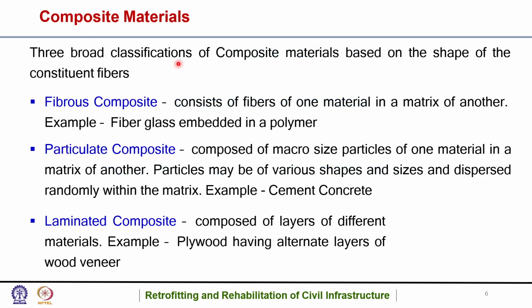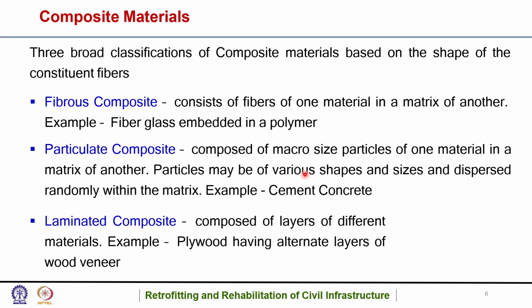So, three broad classifications of composite materials are there based on the shape of the constituent fibers. They are fibrous composite, particulate composite, and laminated composite. Fibrous composite consists of fibers of one material in a matrix of another, for example, fiberglass embedded in a polymer. The second is the particulate composite, composed of macro-sized particles of one material in a matrix of another.